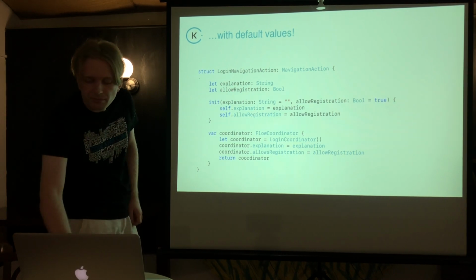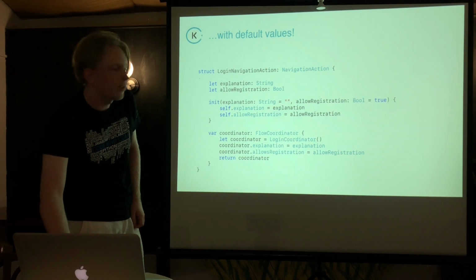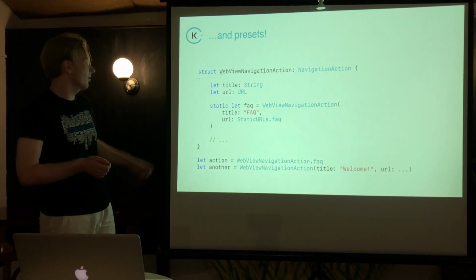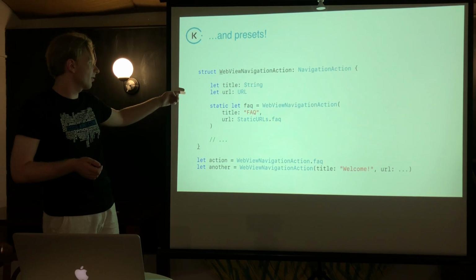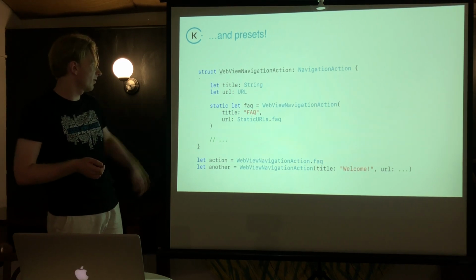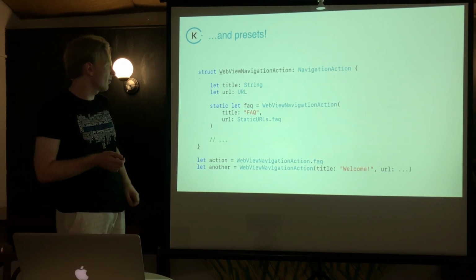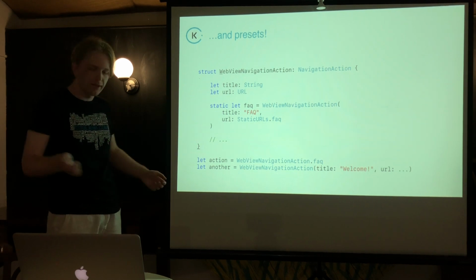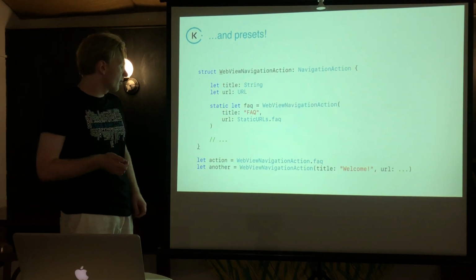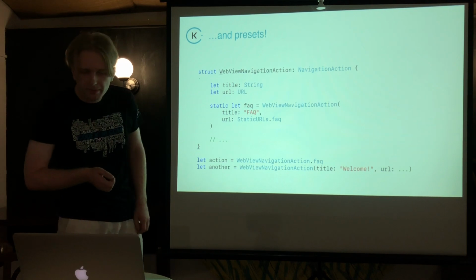But if we have an action for that, we can just make a static value that is preset with these properties, and then we can just call it very easily again. But we can also do anything ad hoc that we happen to need.